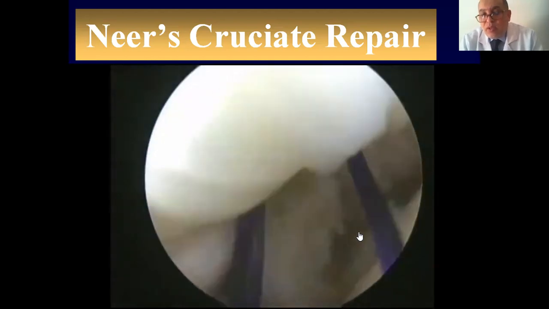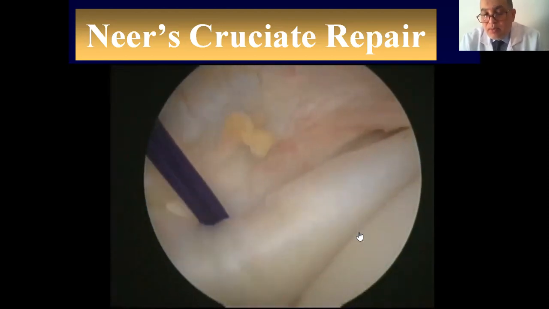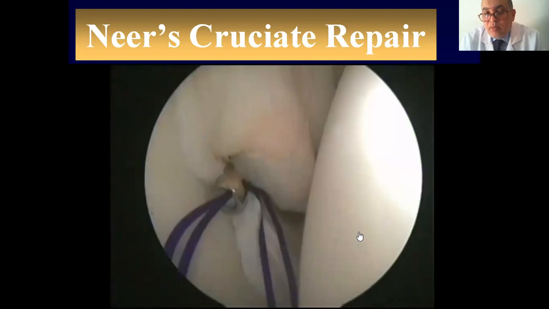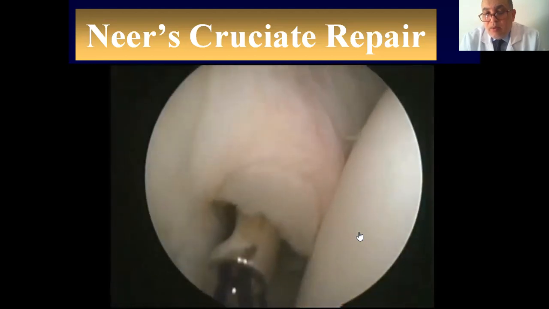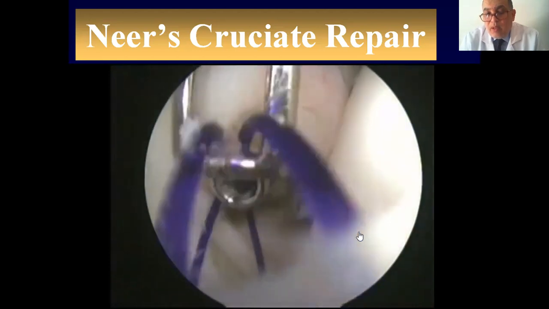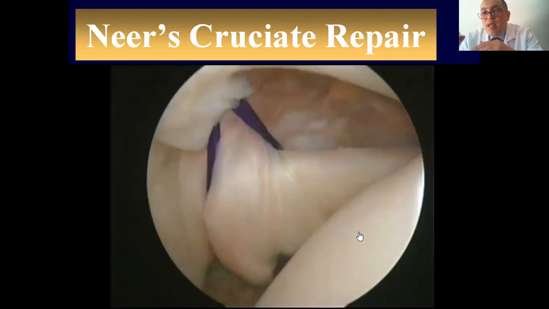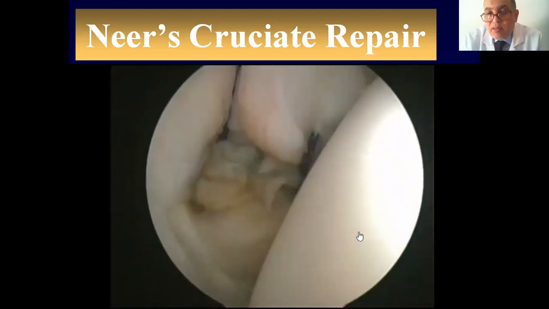Thus, the suture material is passed through the apex of the triangular flap and the upper subscapularis. Then we pull the second limb of the suture material. So we now have a loop passing through the apex of this triangular flap and over the upper subscapularis.